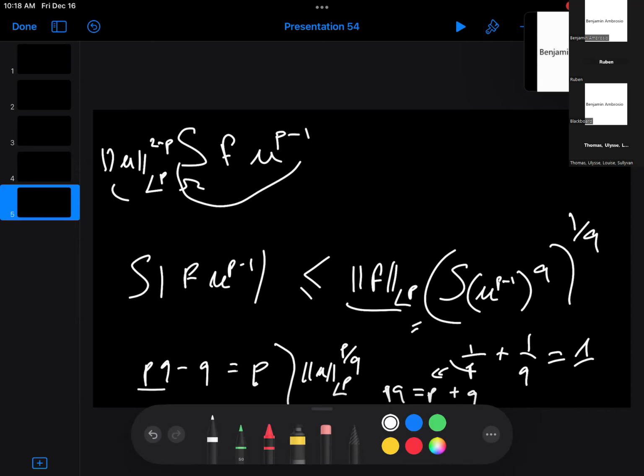Okay, but now we have this term. So I have the norm of U in LP to the power 2 minus P times the norm of U in LP to the power P divided by Q. All right, but so again, P divided by Q. Let's do that.